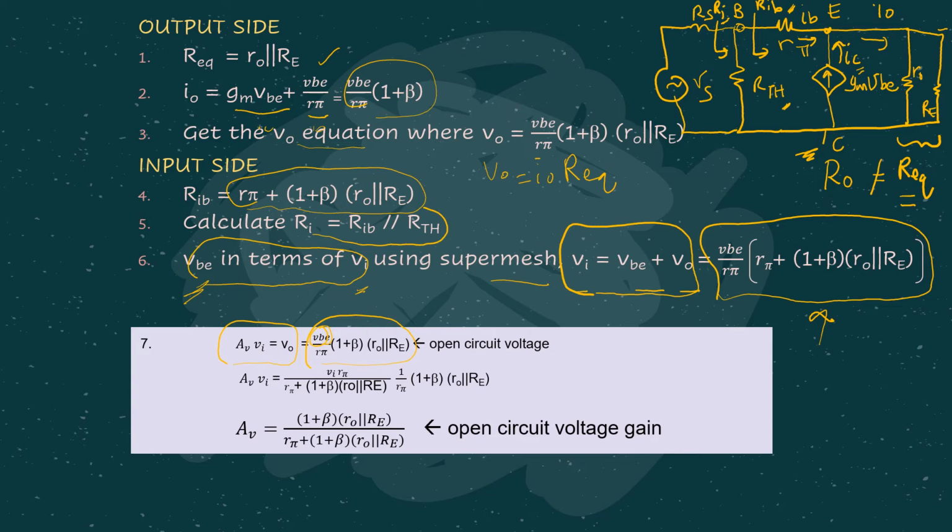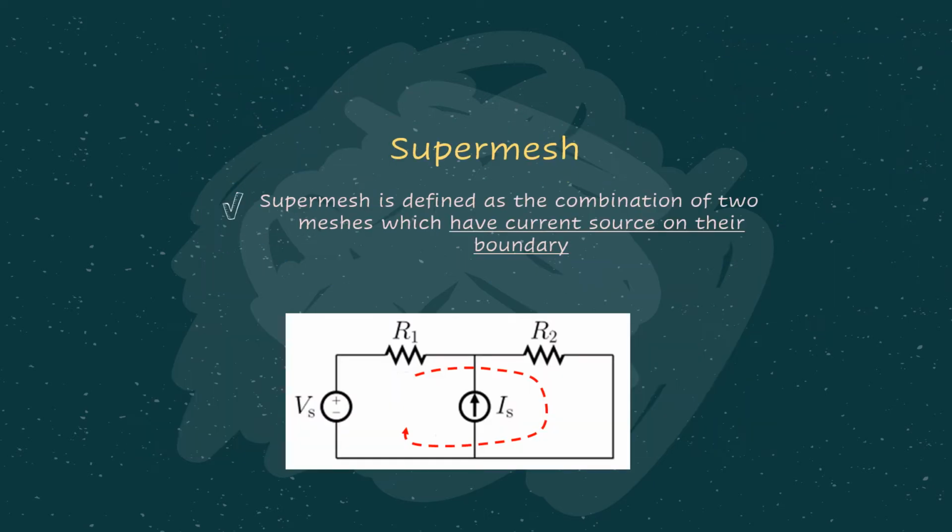Then you can cancel out the VI, leaving the open circuit voltage gain in this form. I think later when we do the example and substitute all the values, it will be much easier for you to see. Okay, before we proceed, this is just a recall.